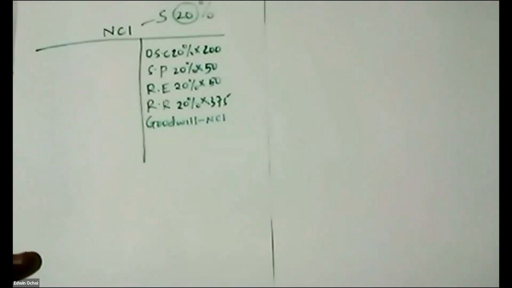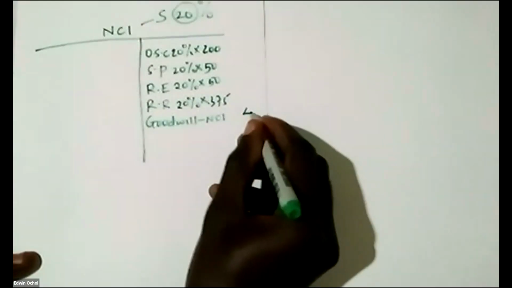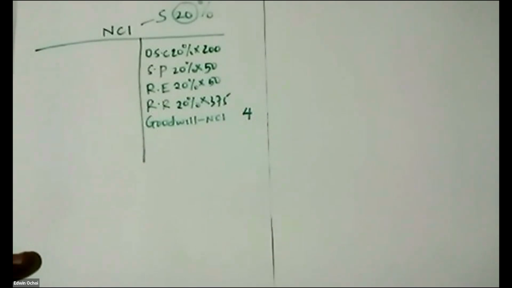So goodwill of the NCI was, I remember very well, it was 4. Remember, when we computed the goodwill, which company did we compute the goodwill of? We computed the goodwill of S. So the time when we computed the goodwill of S, we got the goodwill which was going to the parent and the one which was going to the NCI.